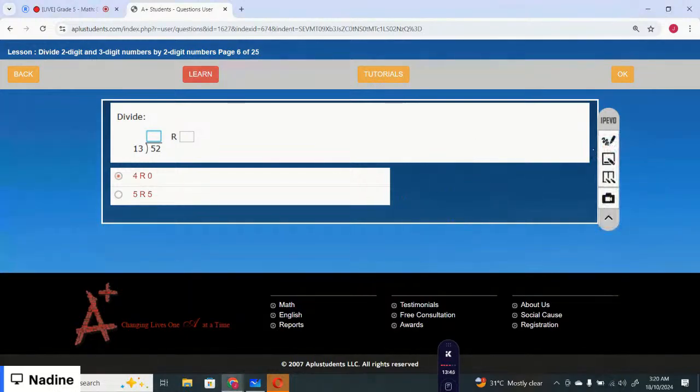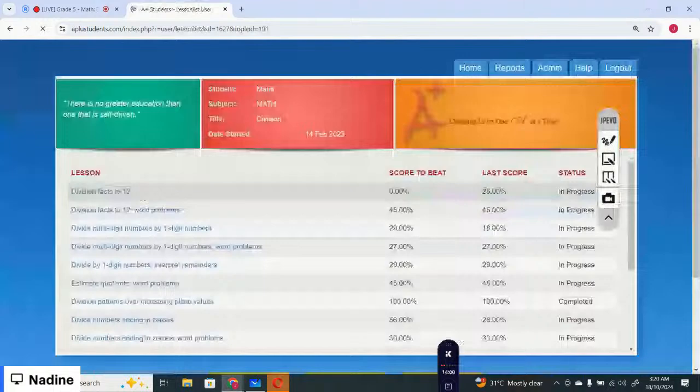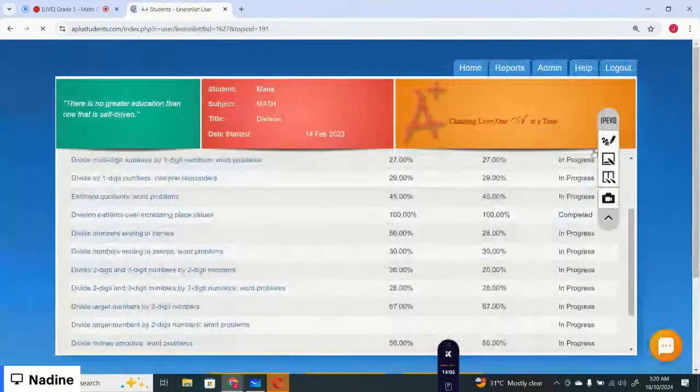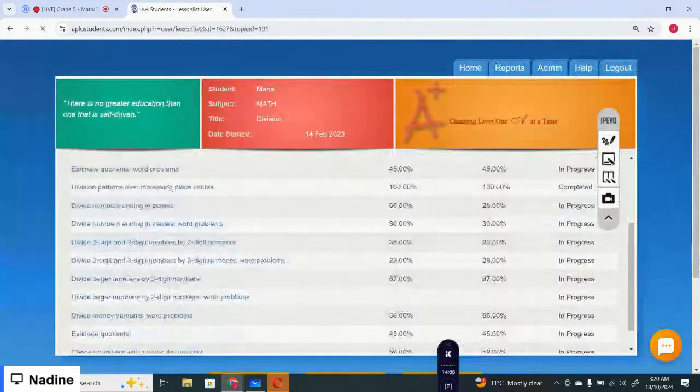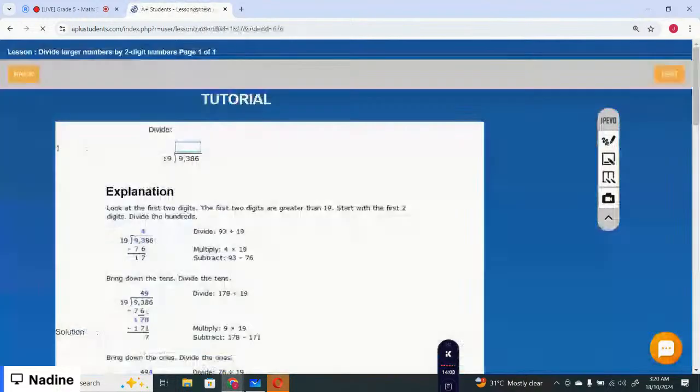Okay, you can complete the lesson by yourself later today. Let me just move on to the next lesson. The next lesson is divide larger numbers by 2-digit.